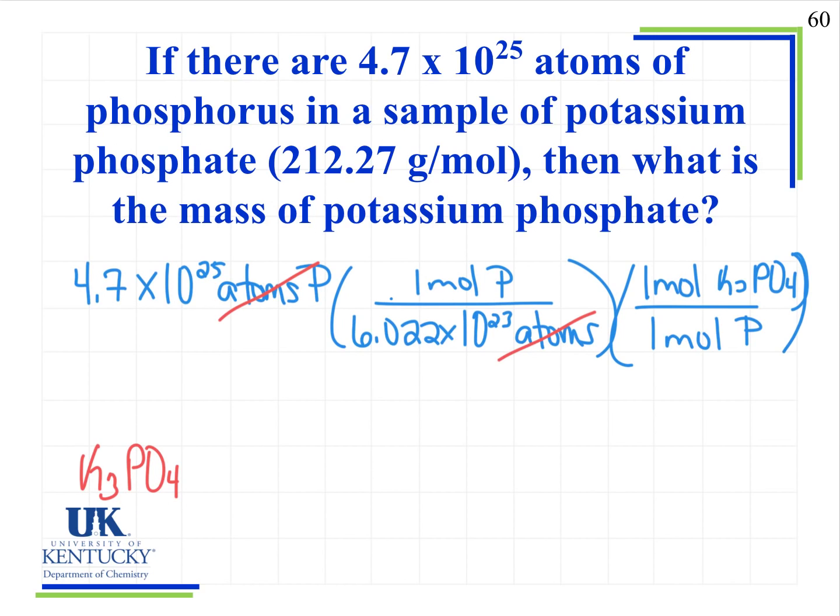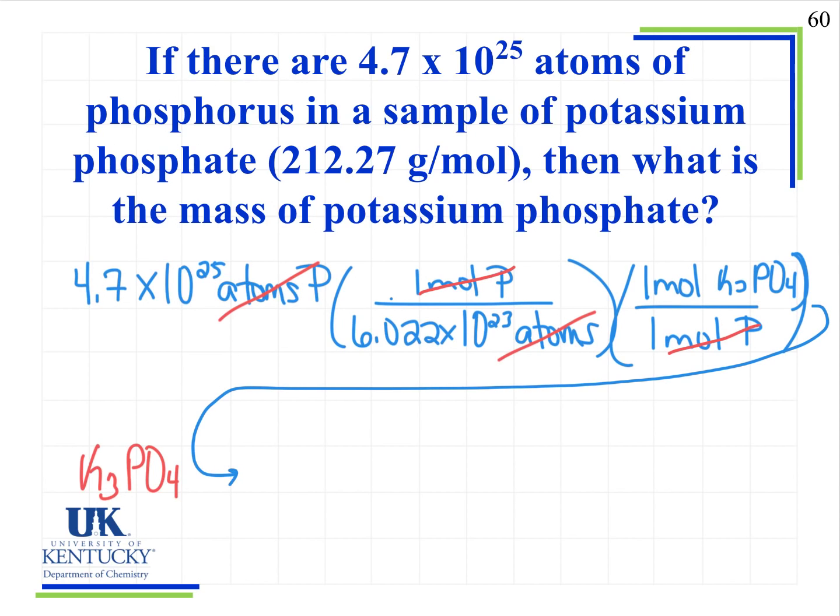Now, if this were oxygen, I had atoms of oxygen, then I would have to use a ratio of 4 moles of oxygen to 1 mole of the compound. Because phosphorus has a 1 as a subscript, I can say 1 mole of phosphorus to 1 mole of the compound. Now my moles of phosphorus cancel.